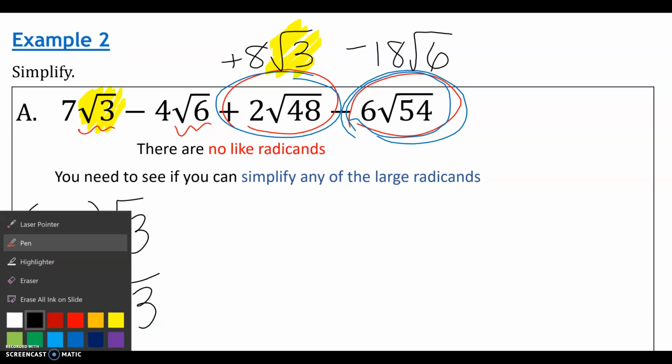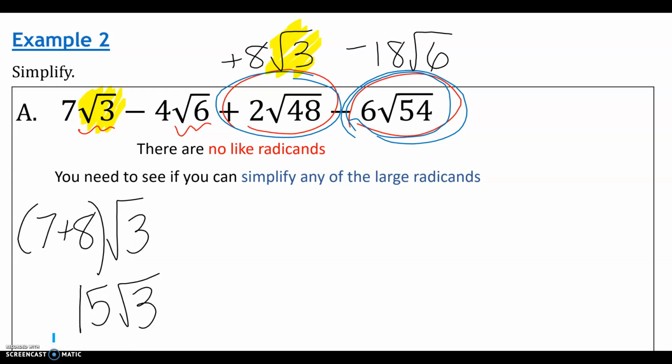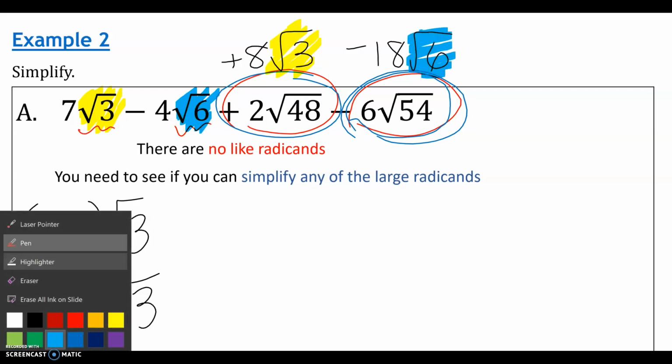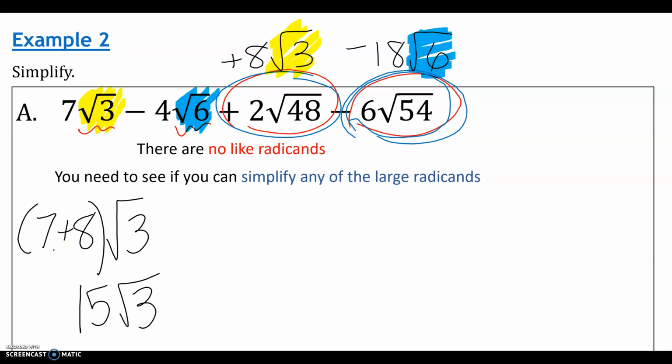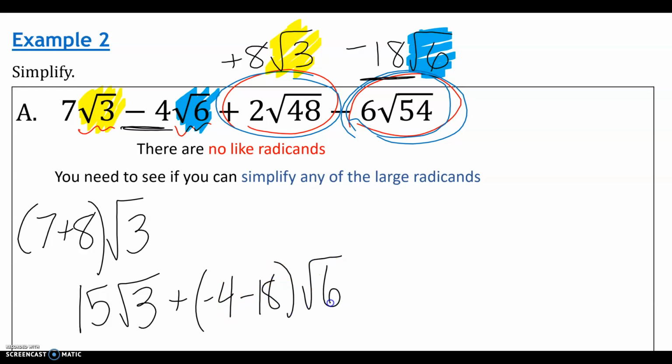And then if I look at my other radicands, looks like you have this one and this one. So you have a negative and a negative. So plus, you have negative 4 minus 18 radical 6.